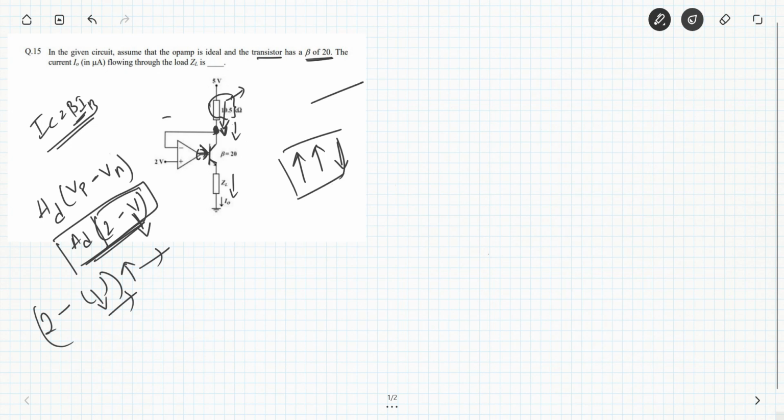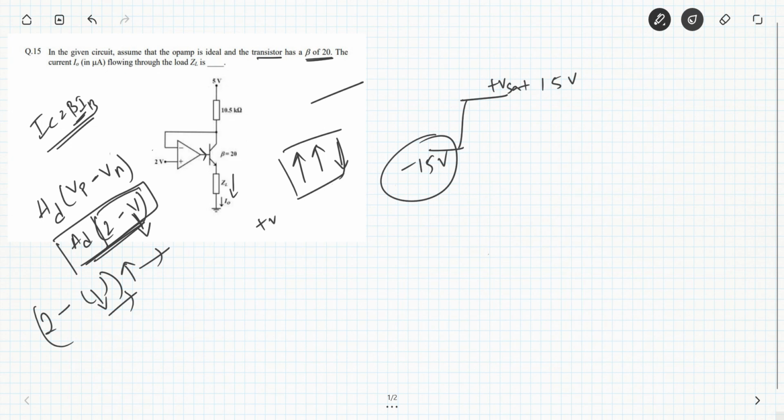So it's like a positive feedback loop, and hence we can conclude that the op amp is actually in positive feedback. When the op amp is in positive feedback, we know that the op amp's output will be either plus V saturation, generally 15 volts, or minus 15 volts, that is, the negative saturation voltage. So the op amp's output will be either plus Vsat or minus Vsat.